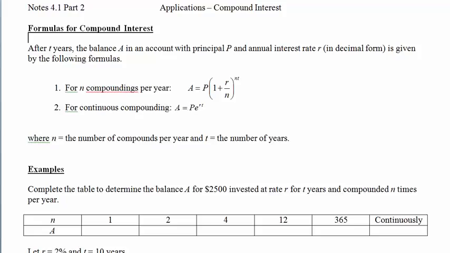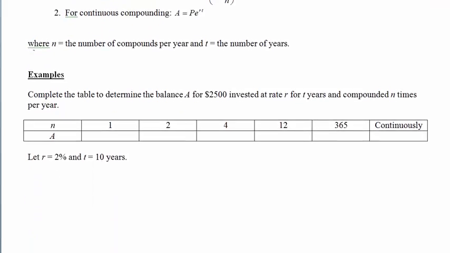Your amount A is equal to, again, the principal, what you put in, times e, and we all know that e is an irrational number approximated by 2.718. e is raised to r, the interest rate, times t, the number of years that you're going to leave your money in the bank. That's what the variables are spelled out here too for us. n is the number of compounds per year, t is the number of years. So let's look at some examples of these formulas.